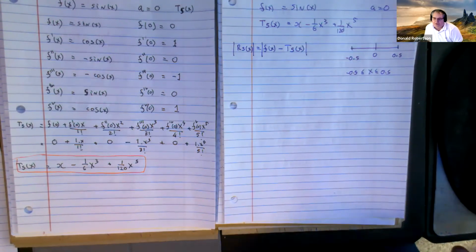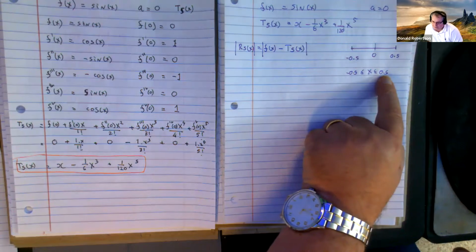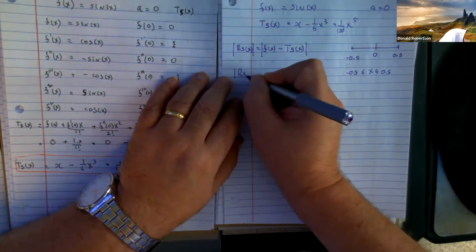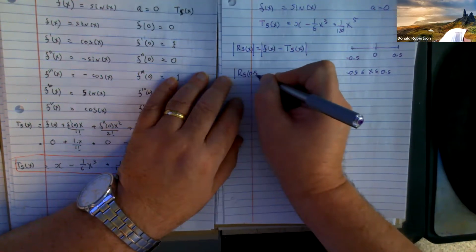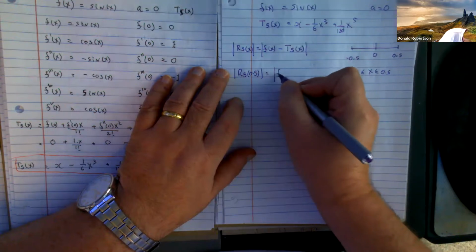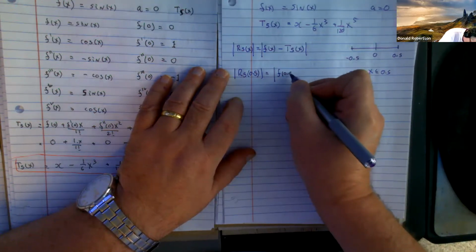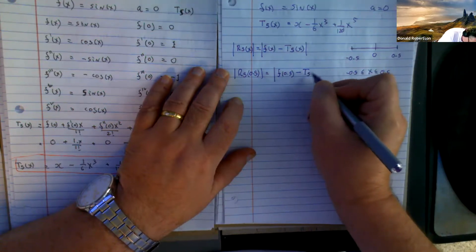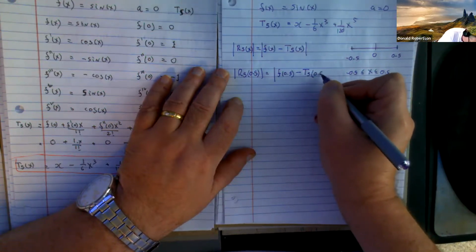And I would like to know what the error is, say, at 0.5. Well, the error when x is 0.5, the remainder function at 0.5, is the value of the function at 0.5, take away that guy at 0.5.